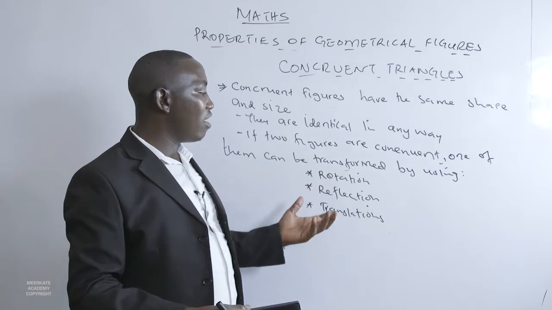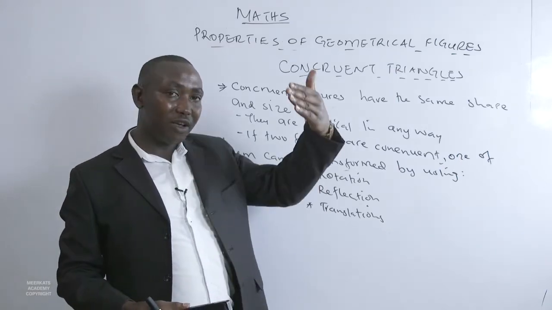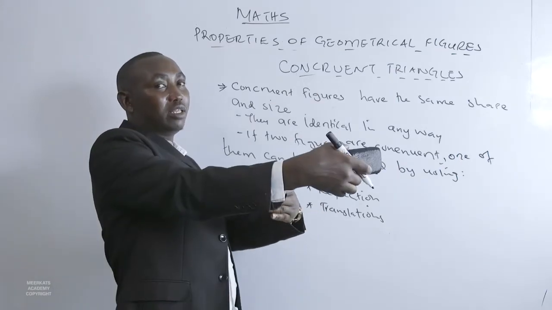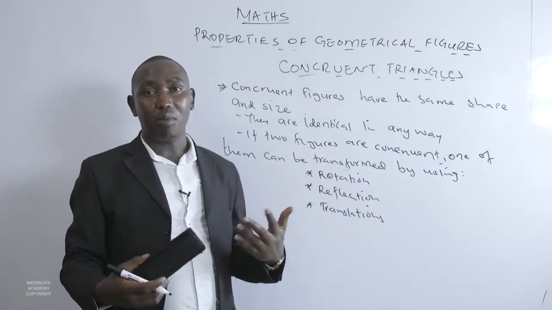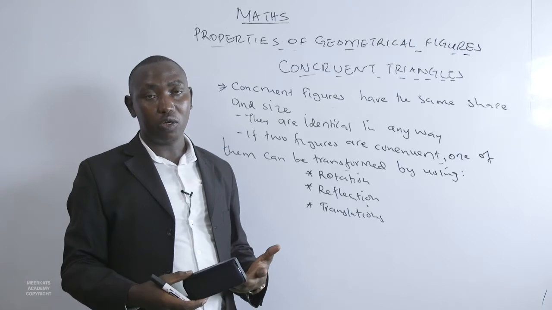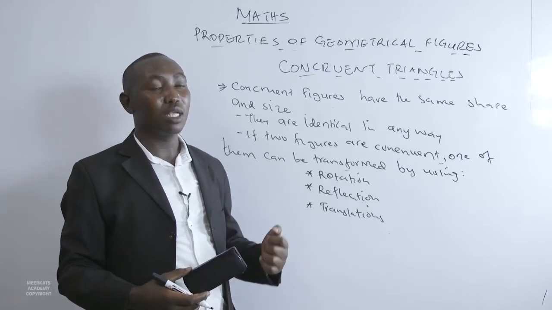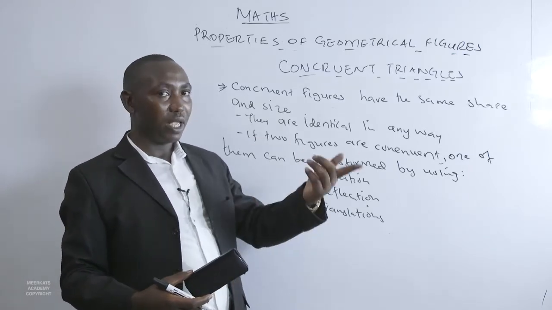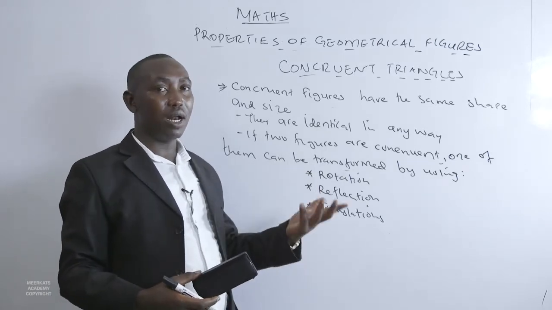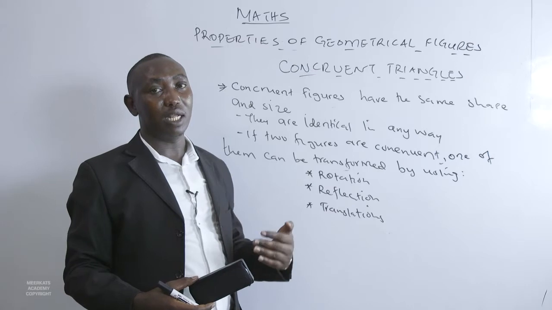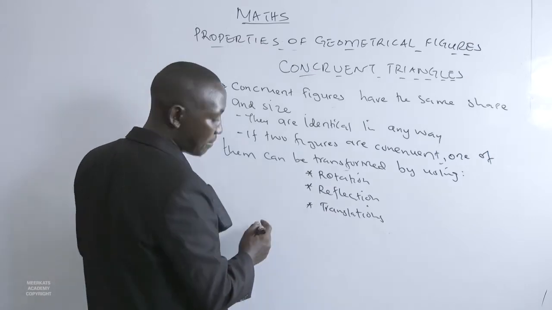Then we have reflection, where we must have the mirror line, and the object is reflected on the other side. Then finally, on translations, you can use either the vector translation or the matrix transformation to transform one figure into the other. So that means you must have the translation matrix or the translation vector.